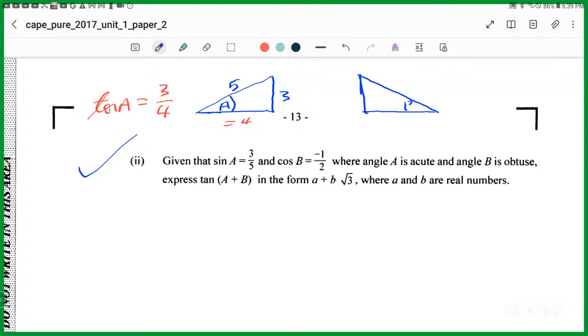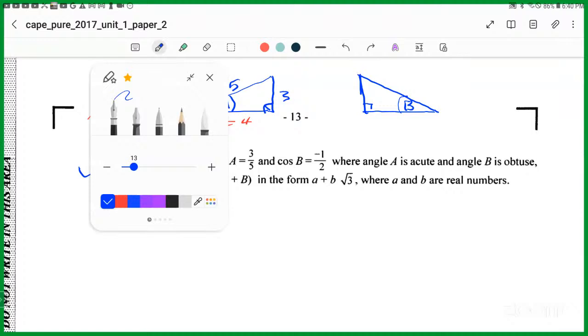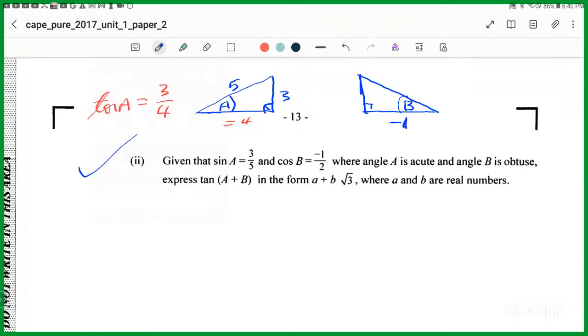And so this is my B. They said the cos of B is -1/2. So this side is -1, and the hypotenuse is 2. Remember that this is positive because it is a positive y value.